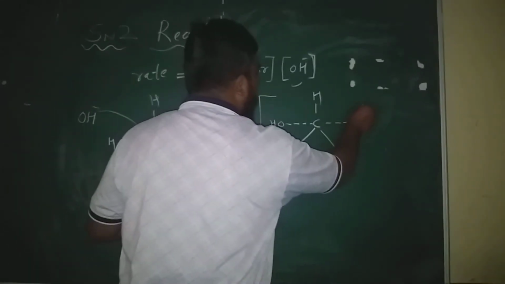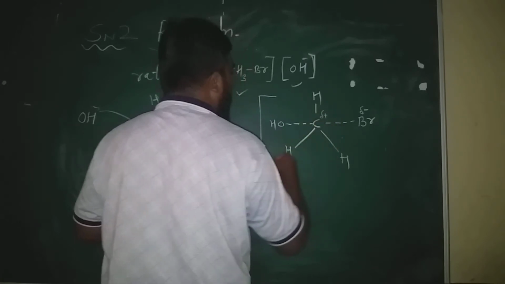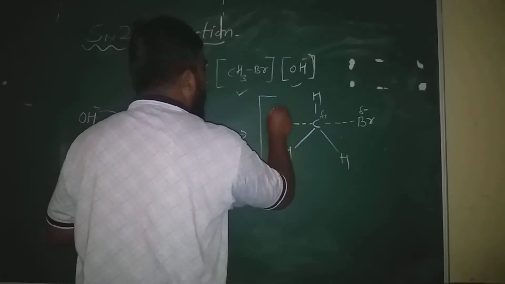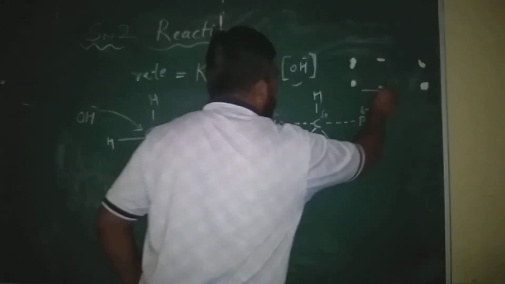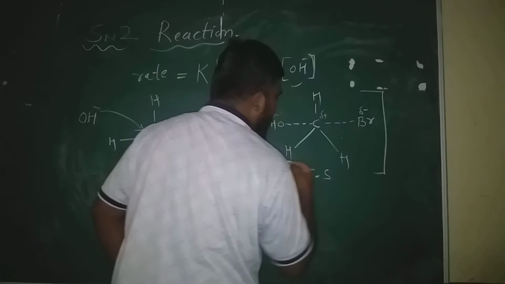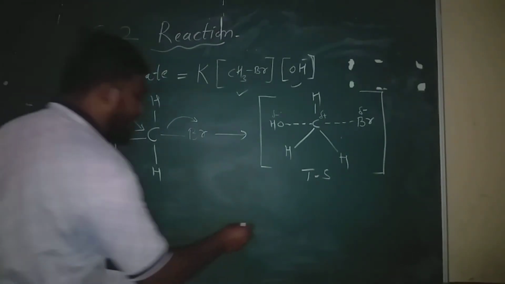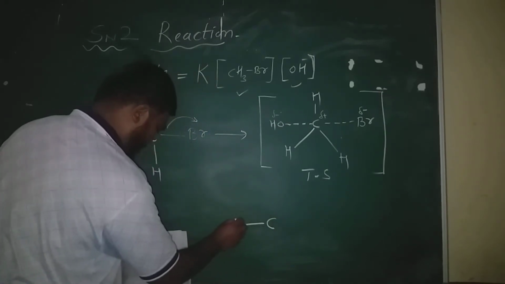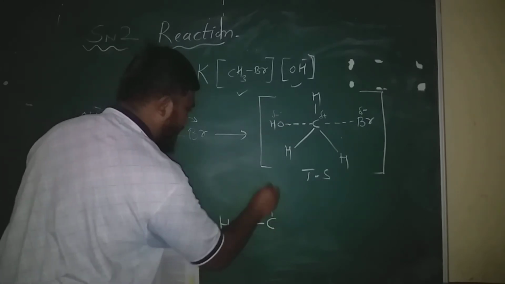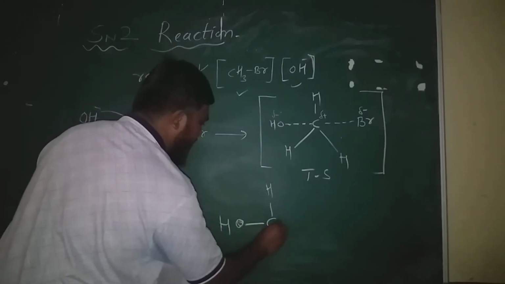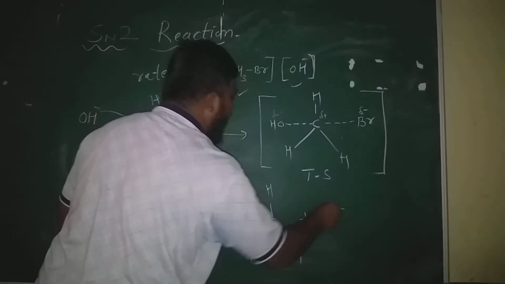This shows a small amount of charge, and this also shows a small amount of charge. When this transition state is complete, we can write like this: TS means transition state, and the compound will be formed like this: HO-C-H, H, H plus Br.